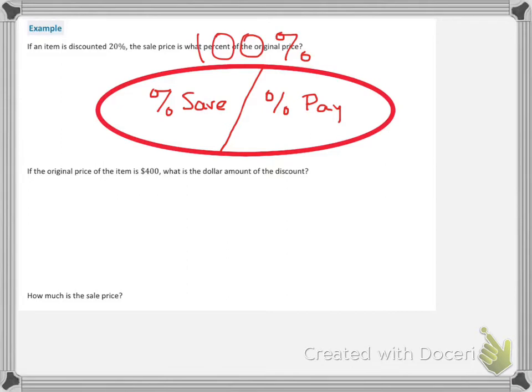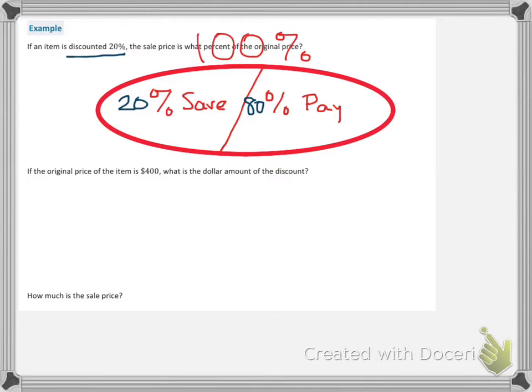So that has to add up to be 100. If the discounted amount was 20%, that would be an amount that we save, 20%, then the amount that we pay has to be 80 so that it adds up to be 100. Okay, so that's how we answer these type of questions.